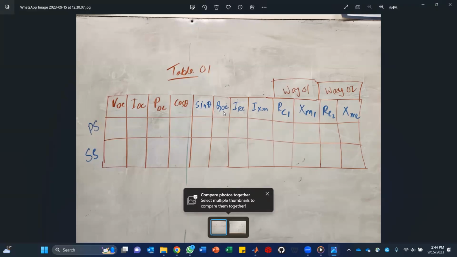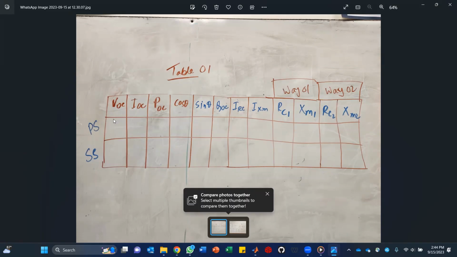So sin theta, QOC, IRC, IXM, and you need to calculate this using way 1, and this is way 2. So you need to calculate it for both the cases.